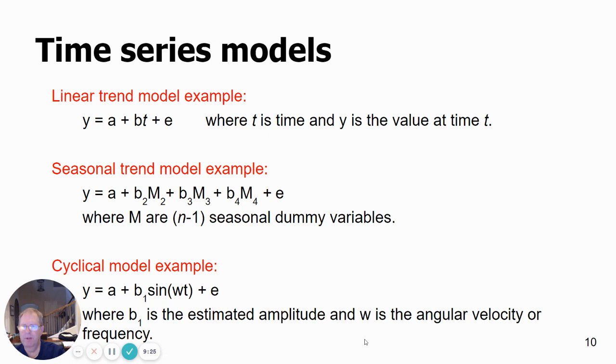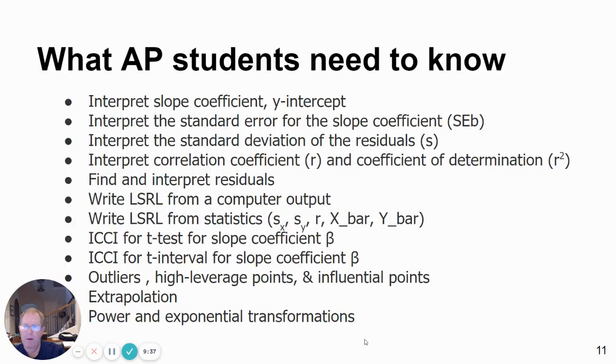So that was one type of question. Another type of linear regression is the linear trend model, but there's also seasonal trend models and cyclical models. So there's all kinds of regression models that we can discuss. What do AP students really need to know? This here is a pretty good list of everything that you need to know for this unit.